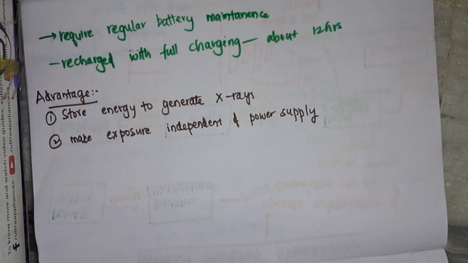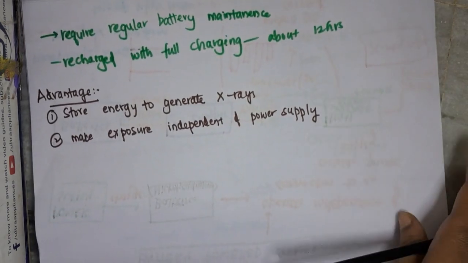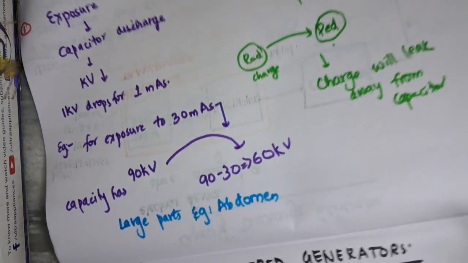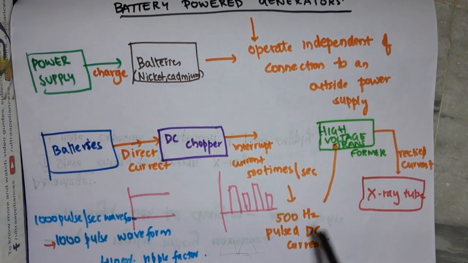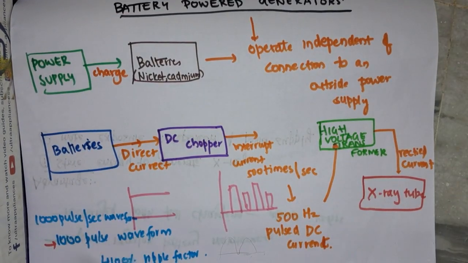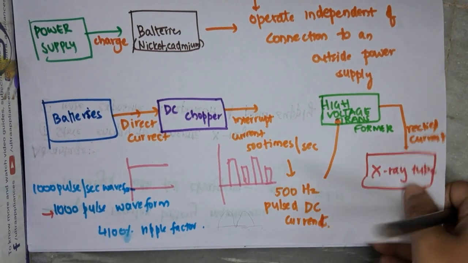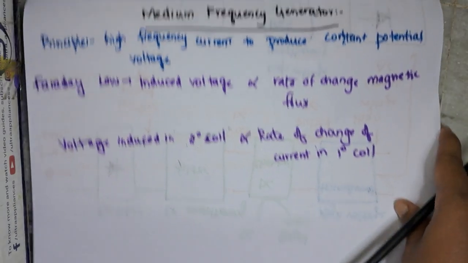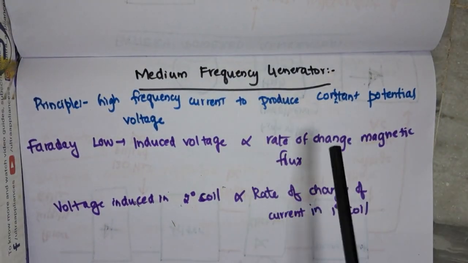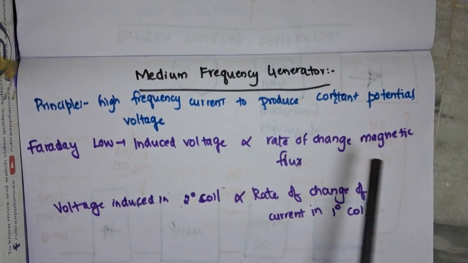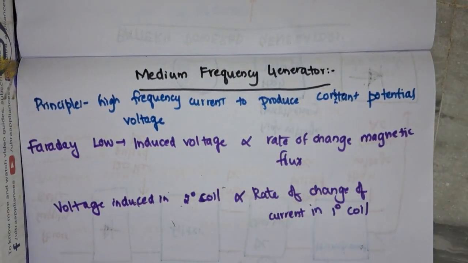The main problem with the previous one is that we are not getting constant potential voltage, right? We have a chopped DC with 1000 pulse waveforms produced. Because it produces 1000 pulse waveforms, the ripple factor is almost 100%. That means it's not efficient, right? So to prevent that inefficiency, we started using medium frequency generators.